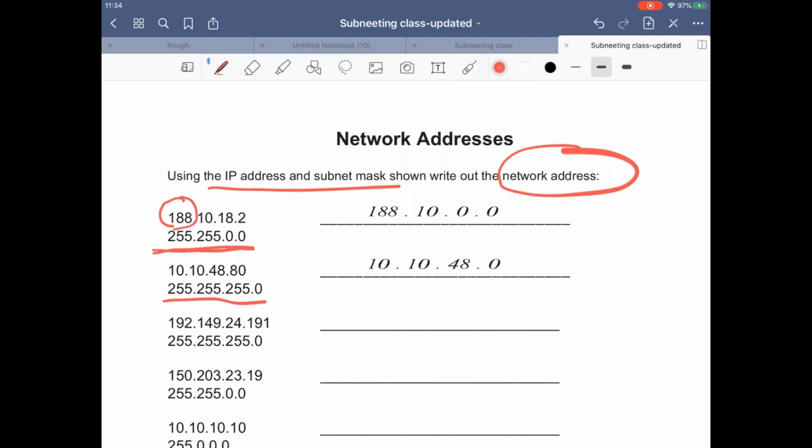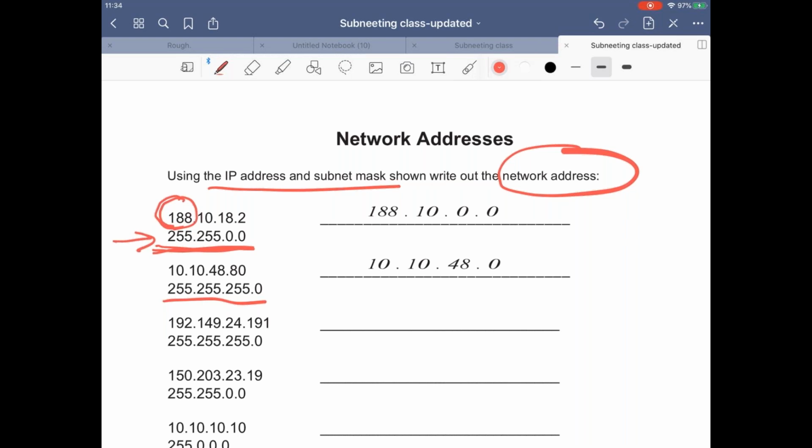Whenever you have a question in which there is no subnet mask, then compare the first octet only to identify the range and the class of the IP address. If you do not have a subnet mask, then check the first octet to identify the class of the IP address, right?